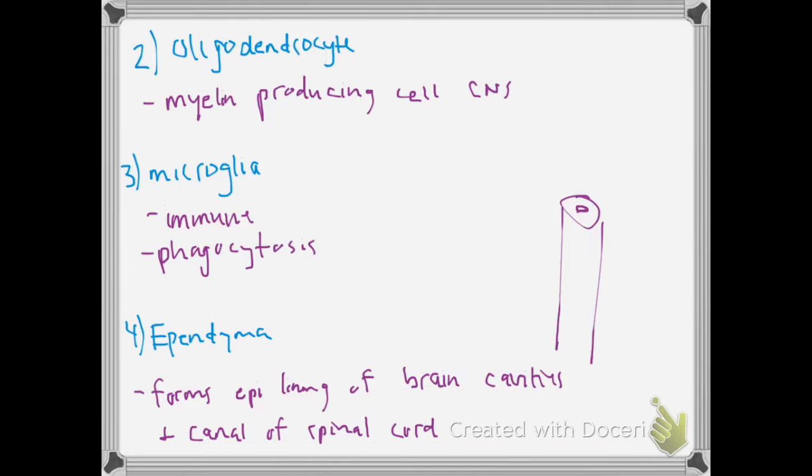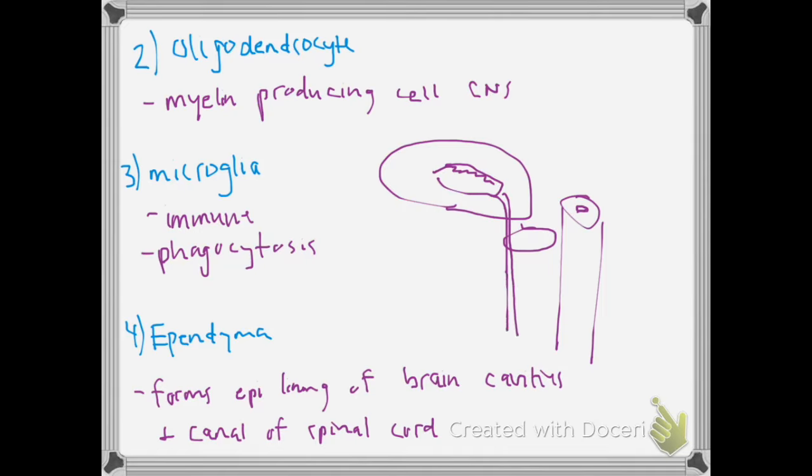And then in the brain, the brain kind of looks like this. It's the cerebellum in the back. Within the brain, there are these cavities. These cavities are lined with these ependymal cells, and eventually these cavities link up and form that central canal of the spinal cord. Don't get too attached to this idea.